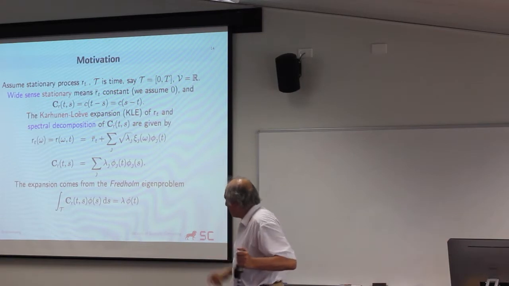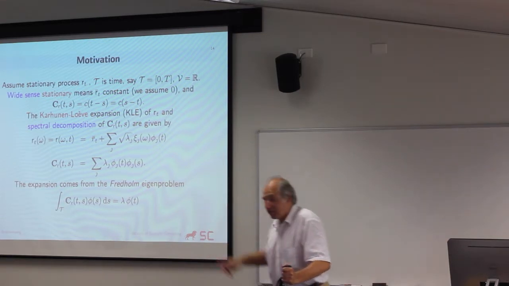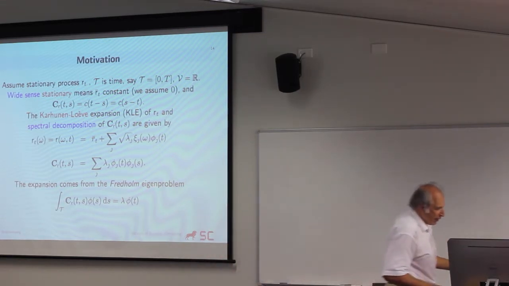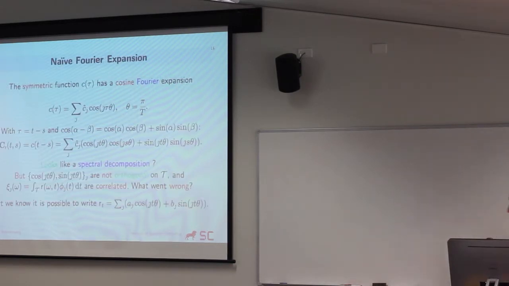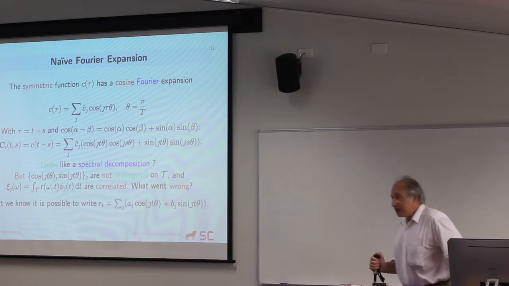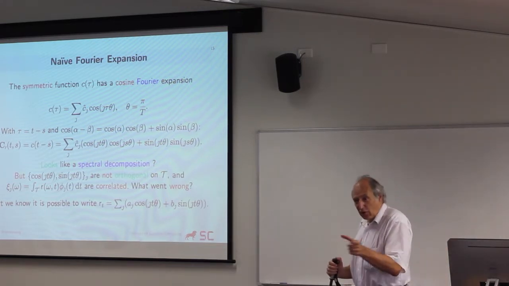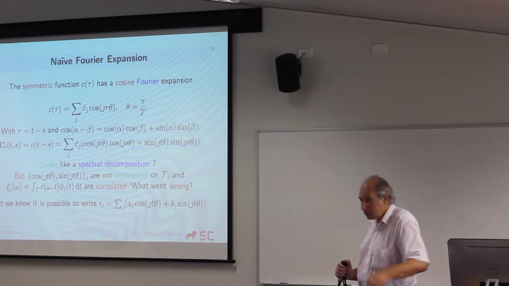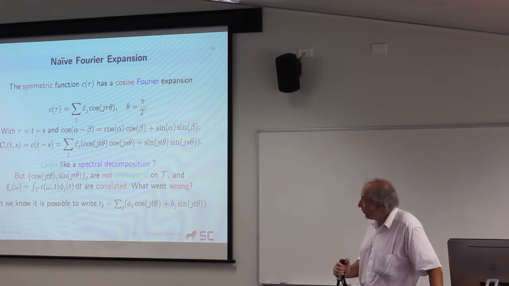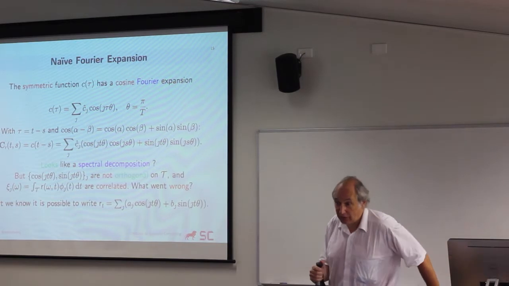If you're just looking at a finite interval and compute this eigenvalue problem, and on the other hand, this function c, little c of t, where t is a lag, is obviously symmetric, and has a cosine Fourier transform because it's a symmetric function.